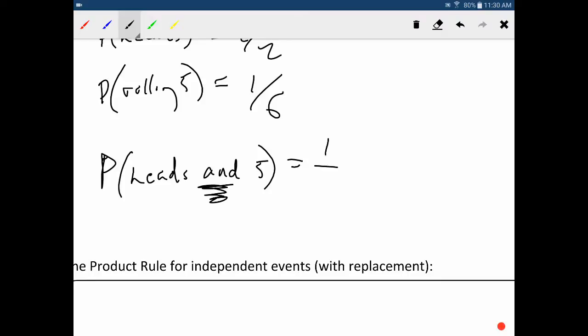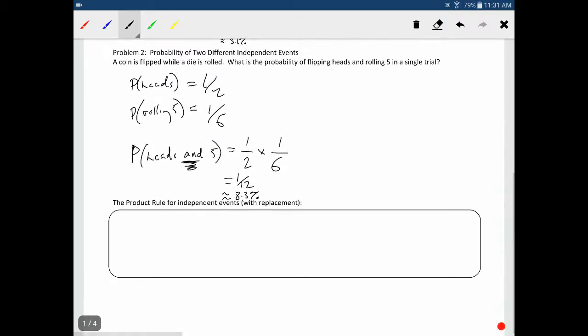We're just going to take the 2 probabilities and multiply them, because both of those things have to happen. Okay, so we get 1 in 12, which is 8.3%.